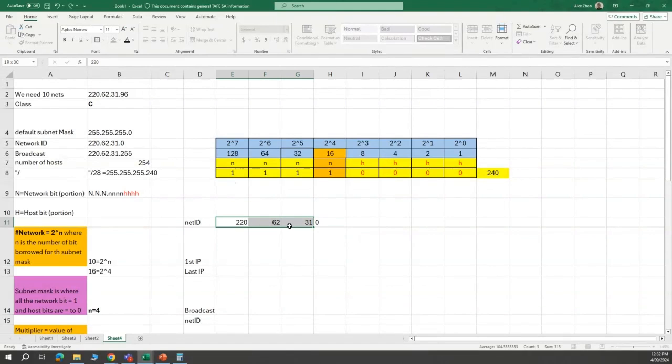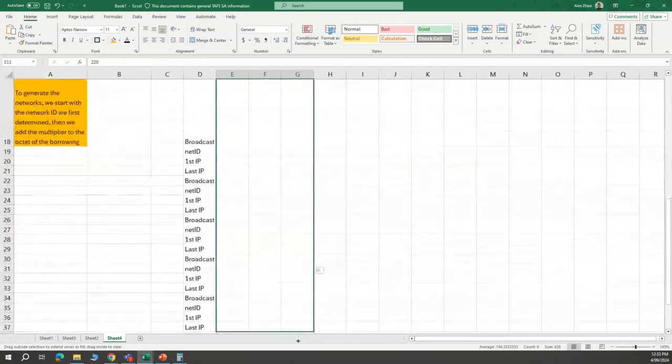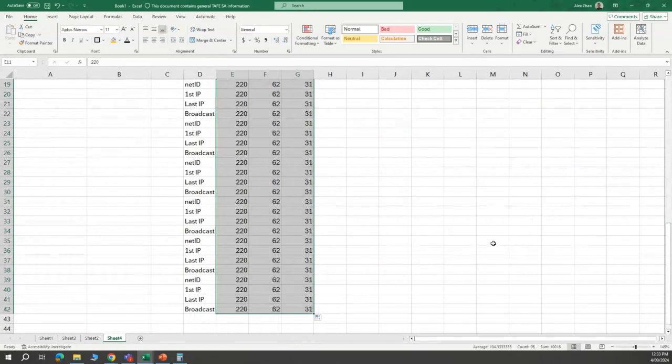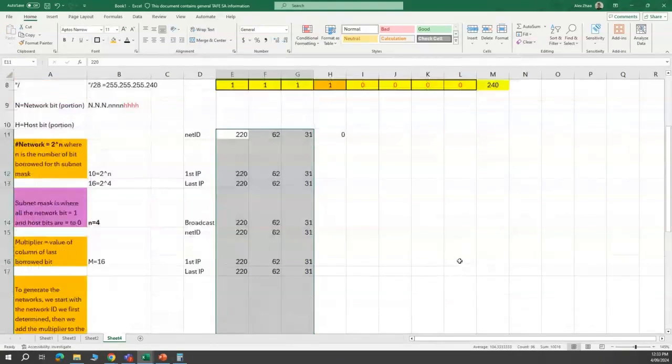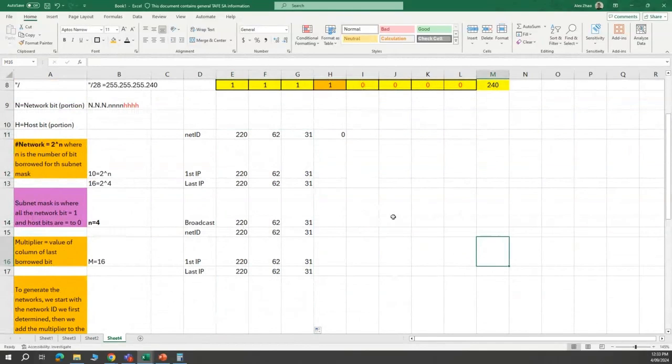And we might just copy this all the way down because we need it. Yeah, I think that's okay. All right, so that's all the same.